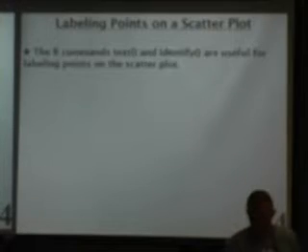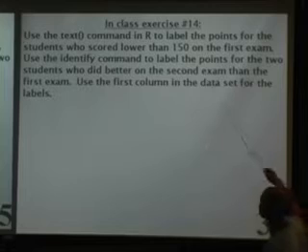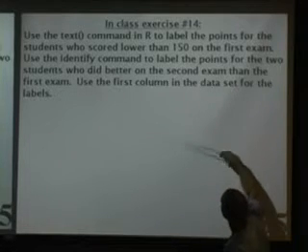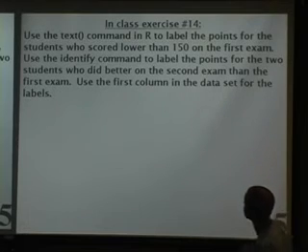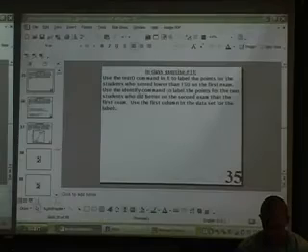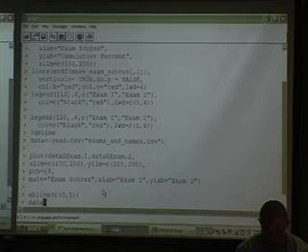So I want to use the text command to label everyone who got less than 150 on the first exam. Then I'm going to use the identify command to pick out the two people that did better on the second exam than the first exam. I'm going to use the first column as the labels, because if you remember, that's the student names.